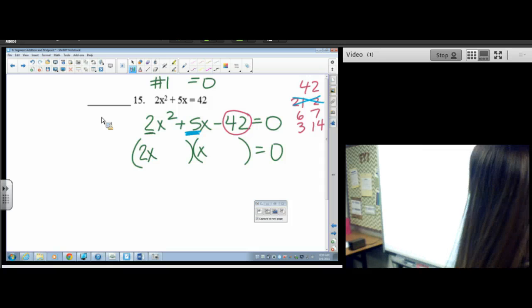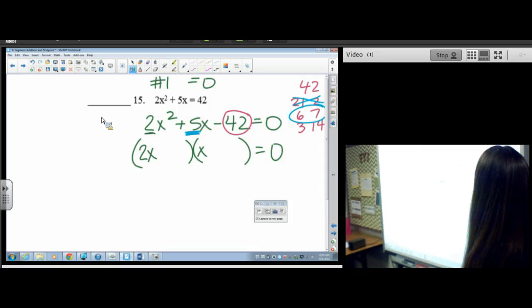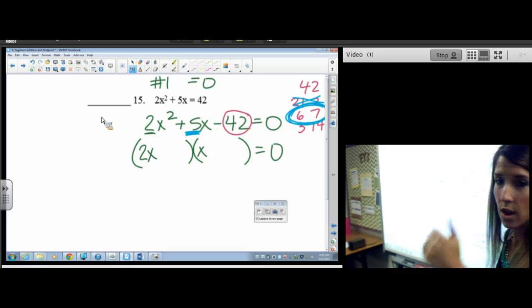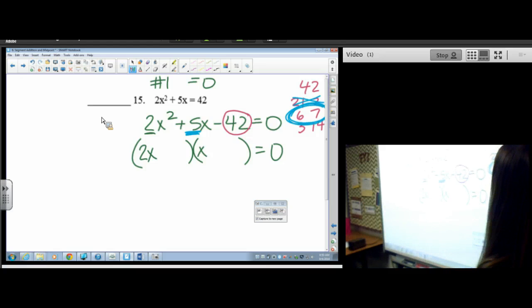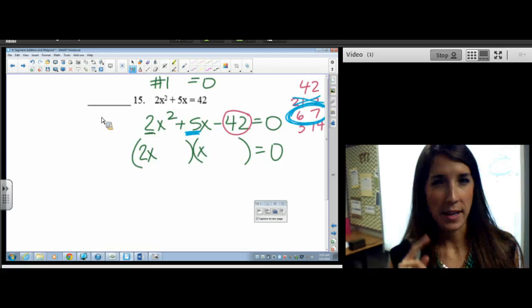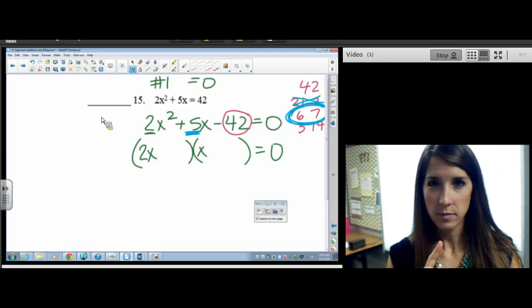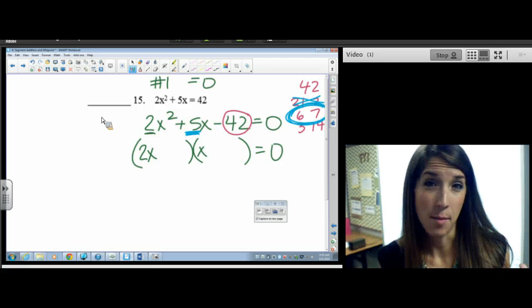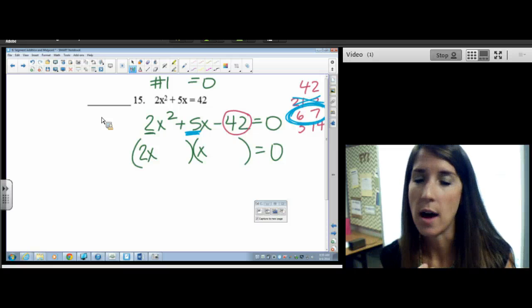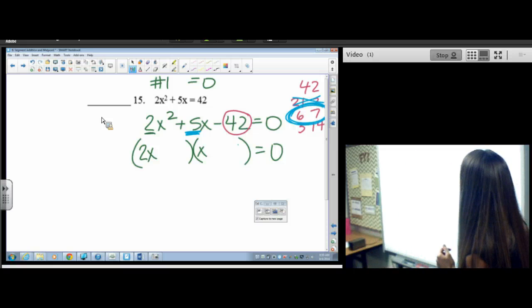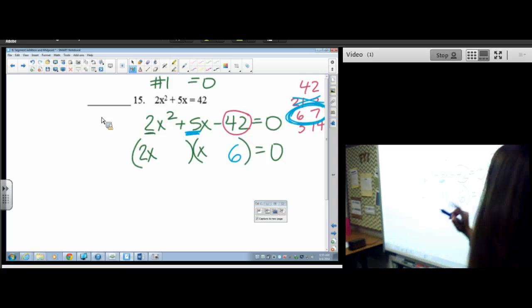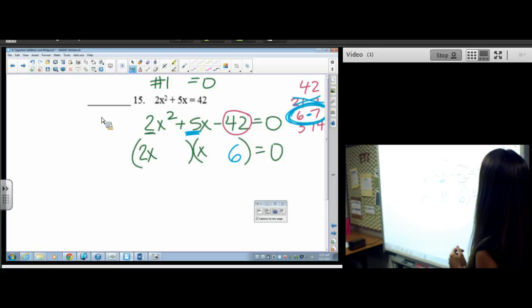I can make a 5 out of a 12 and a 7. So that pair is my winner. And I need to make sure my 6 gets doubled, because I need it to turn into a 12. So I'm going to put the 6 where it's definitely going to get doubled. And then I'm going to put his partner in crime, the 7, in the other parenthesis.